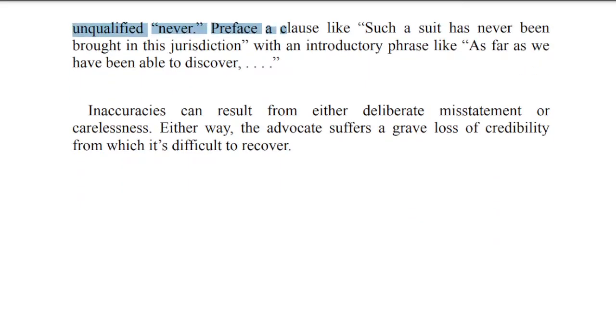Preface a clause like, "such a suit has never been brought in this jurisdiction," with an introductory phrase like, "as far as we have been able to discover." Okay, so that's very nice. Instead of saying it's never been brought, say as far as we have been able to discover. That should be the preface. Such a suit has never been brought in this jurisdiction. Nice.